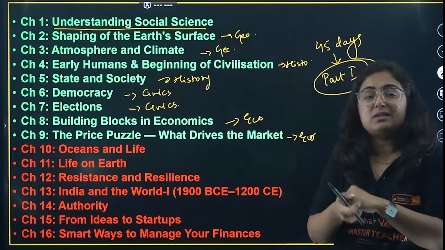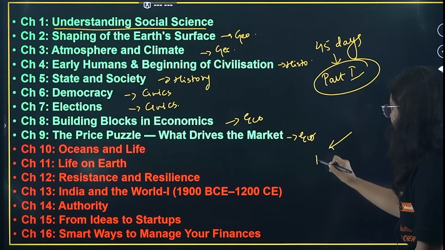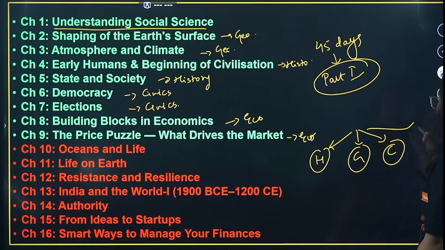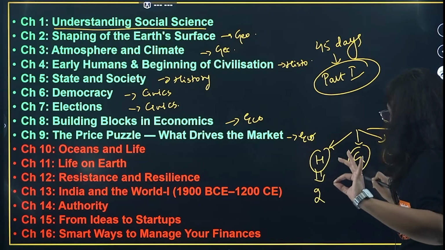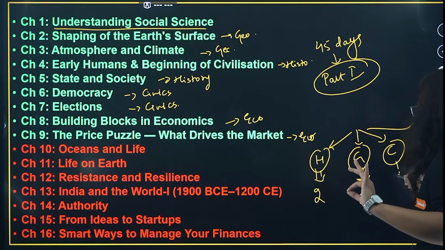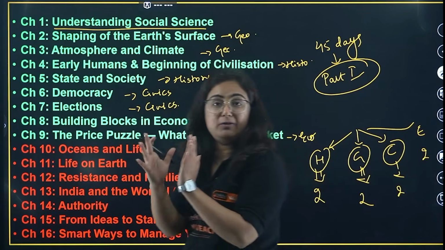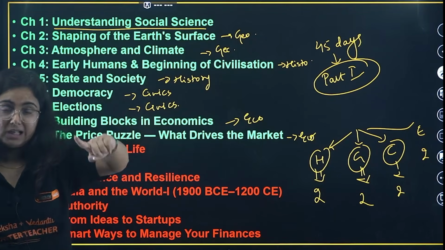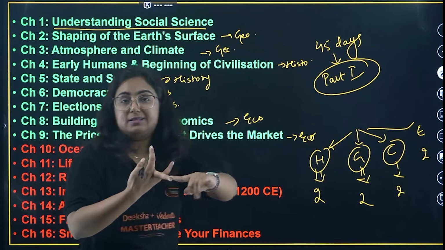So what I mean to tell you here is, beta, we have 4 sections, that is history, geography, civics as well as economics, right? Each section contains 2 chapters. So I don't think that particularly we have a lot to study because it is 2 chapters from each section. But the problem here is the new syllabus.